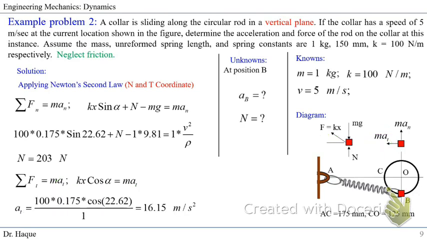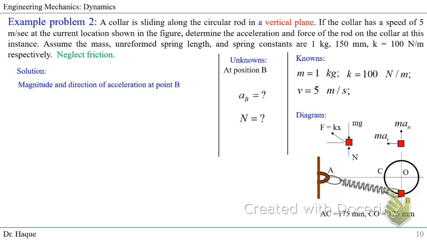So if we plug in the values, divided by m, with k equals 100 and x, and solve, we get the tangential component of the acceleration as 16.15 meters per second square. Now it's easy to solve from here.